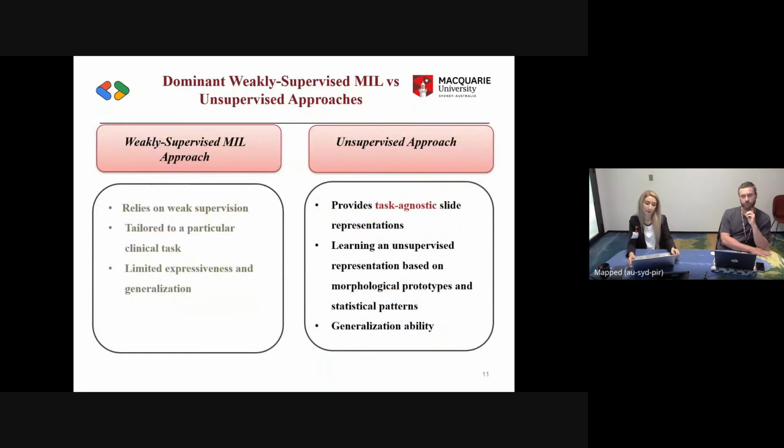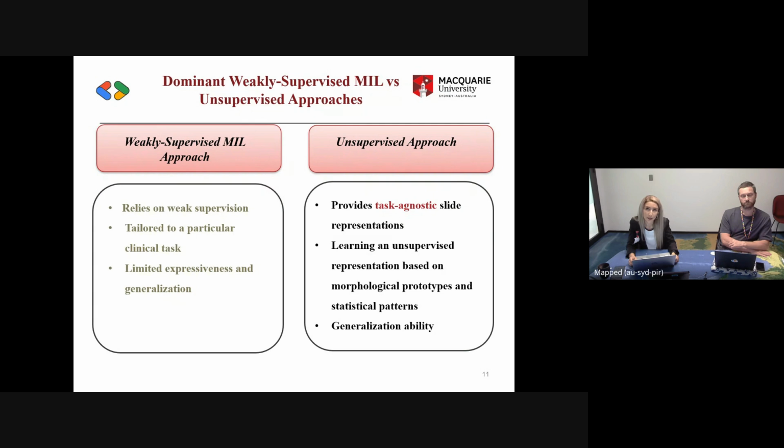So when we are talking about whole slide images and doing a literature review, we realize all the methods, actually maybe the majority of them, use weakly supervised multi-instance learning models. But still there are gaps because they always rely on weak supervision.